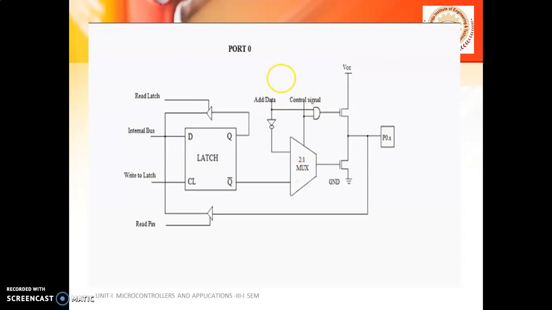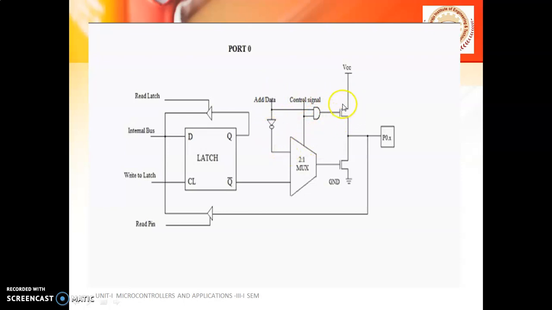We use this control logic circuit mainly to decide: when we are using it for IO operation, it allows the data to pass through in this way, through the 2:1 mux. Whenever the control logic circuit is used for external memory, then we allow the data to pass through in this other way.